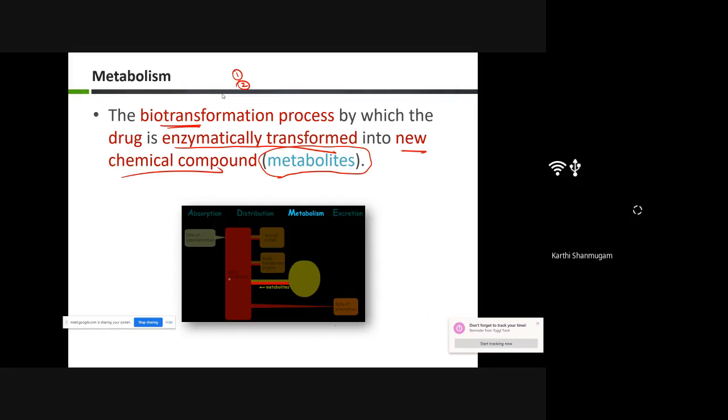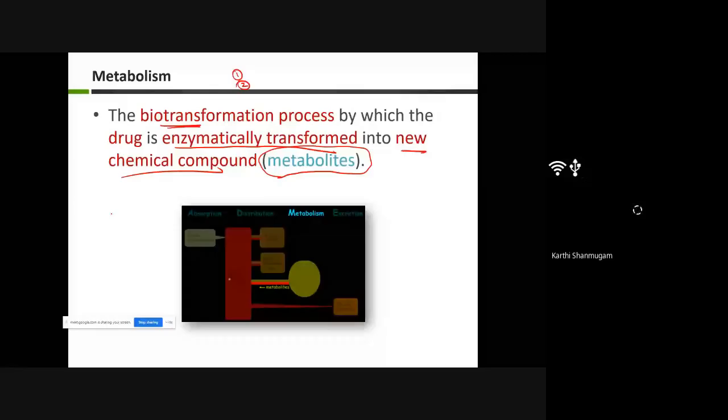In order to be eliminated, the molecule should be soluble in water. That's why, with the help of enzymes, nature converts the lipid soluble molecule into a water soluble molecule through the process called metabolism. Whatever compounds are newly generated through enzymatic transformation are called metabolites.